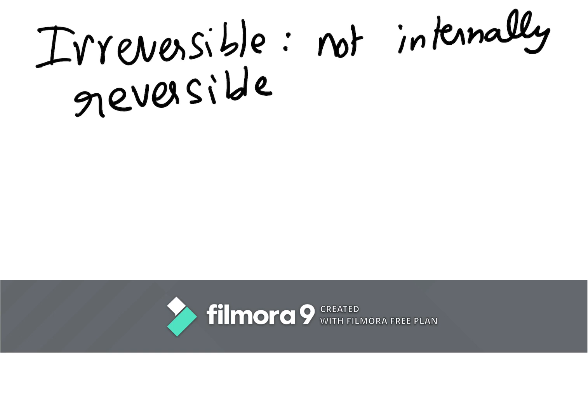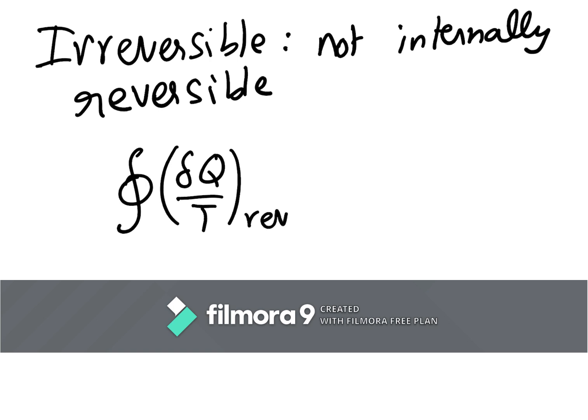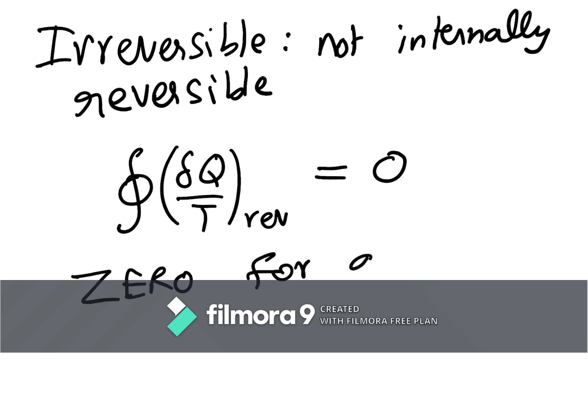So it is found that the integral of delta Q over T for a cycle that is composed of all reversible processes is 0.